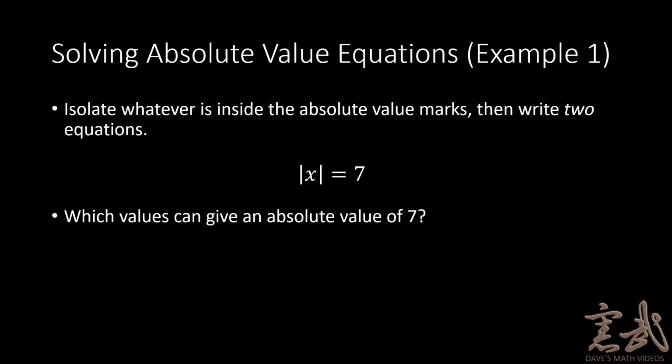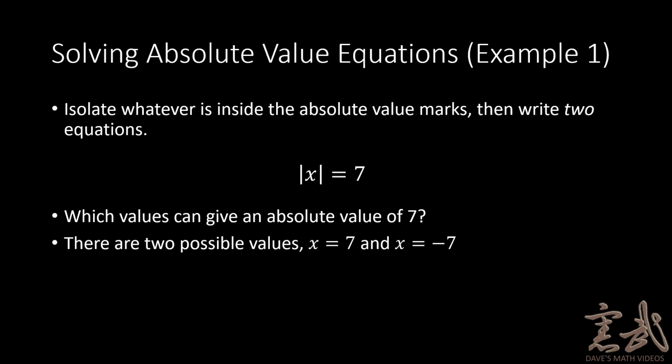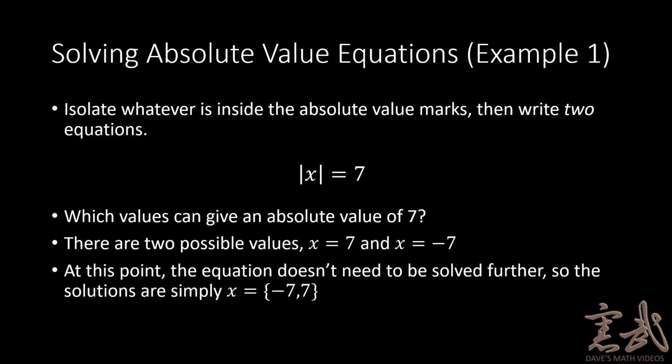Now, we have to think which values can give an absolute value of 7. In this case, it's fairly obvious. x can be positive 7, or x can be negative 7. At this point, the equation doesn't need to be solved any further. So the solutions are simply x equals negative 7 or 7.